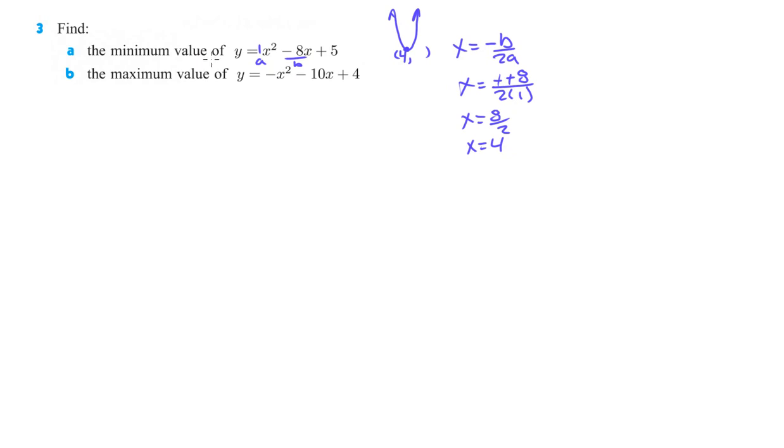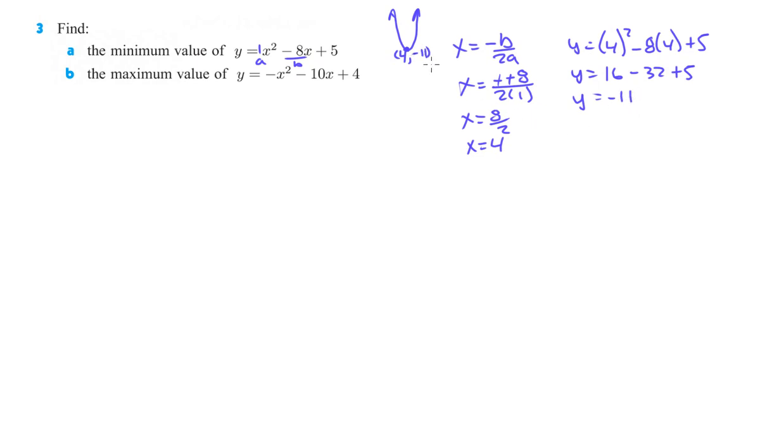Okay, and now to find the y value, we'll want to plug in our 4 into that x, right? So then we will take y equals 4 squared minus 8 times 4 plus 5. So y equals 16 minus 32 plus 5. That's 21 minus 32. So that looks like y equals negative 11.